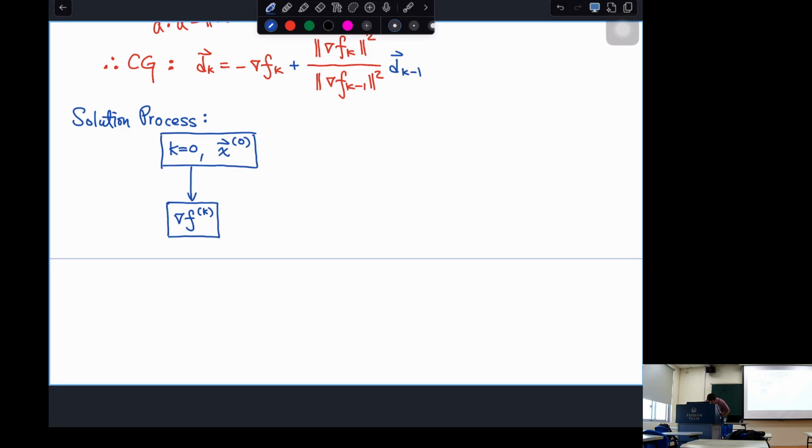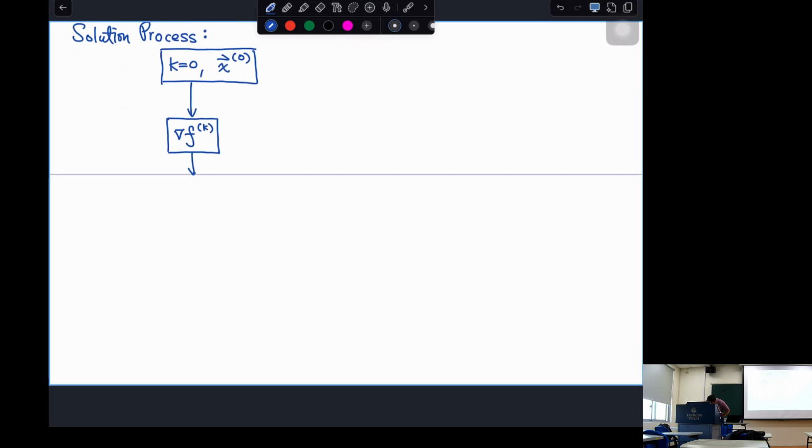But what's interesting right here is that your xk plus 1 equals xk plus alpha k dk, where dk equals negative gradient fk for k equals 0.